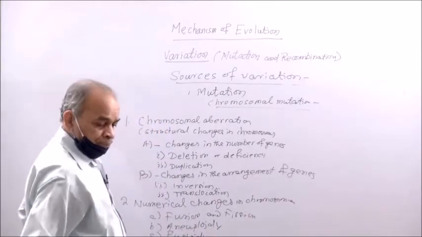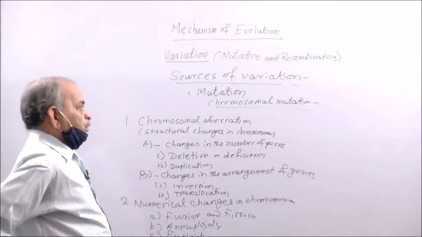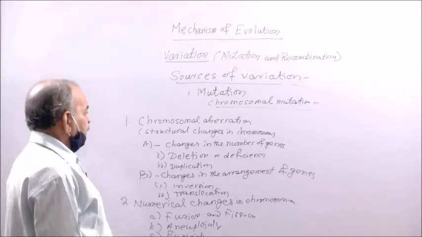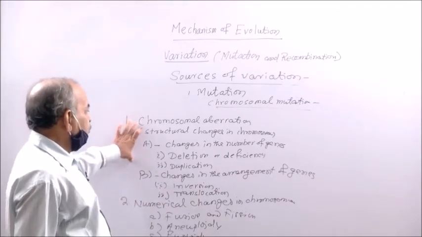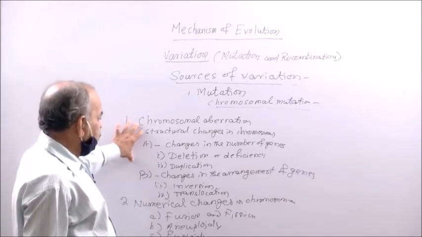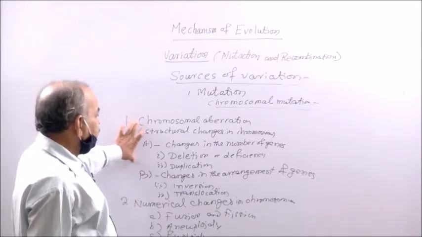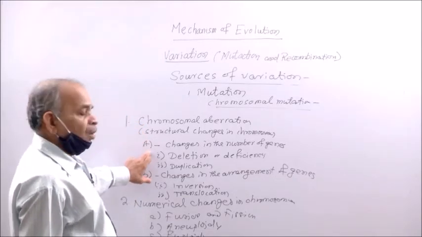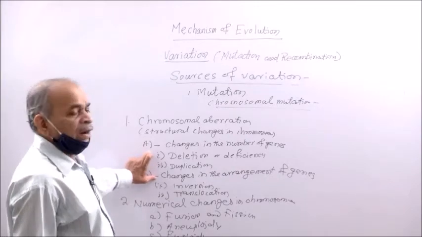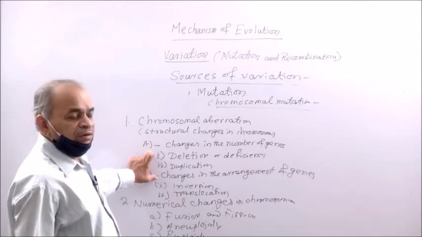So these are the chromosomal mutations. It can be divided into 2 categories. First is structural changes, known as chromosomal aberration, then numerical changes. Under structural changes, changes in the number of genes and changes in the arrangement of genes. Same genes are present, but the arrangement is changed.